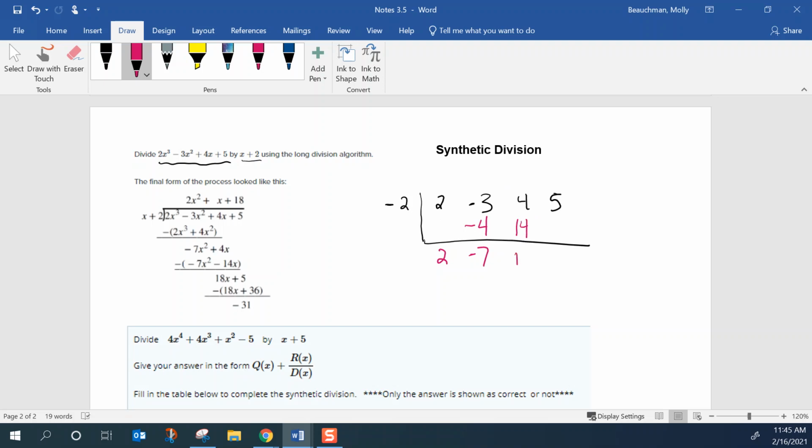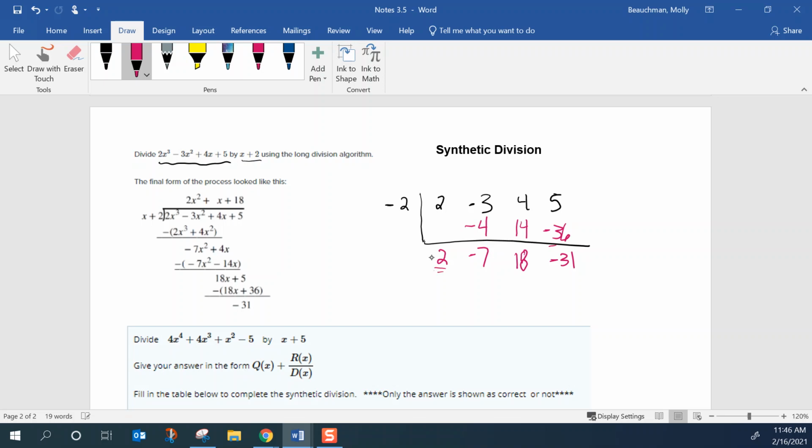Add these together, we end up with 18. 18 times negative 2 is negative 36. Add 5 plus negative 36, and we get negative 31. So that's the process.